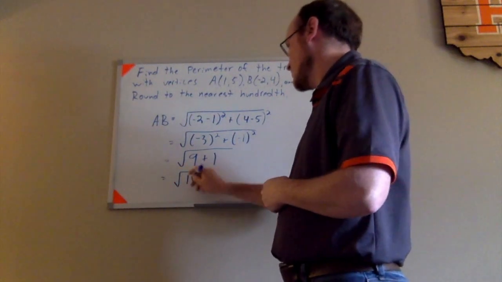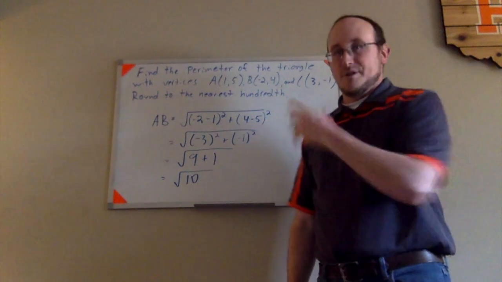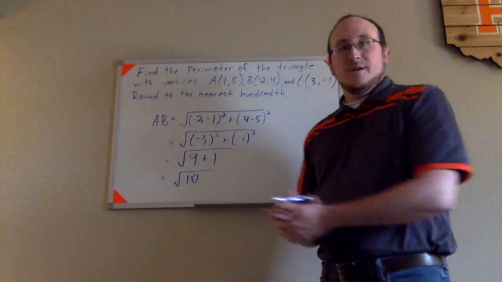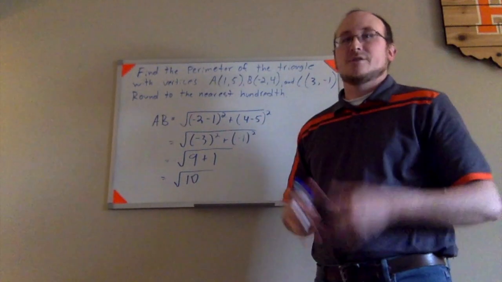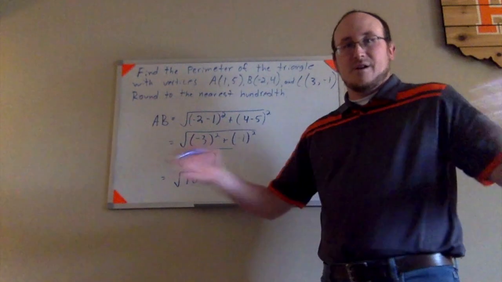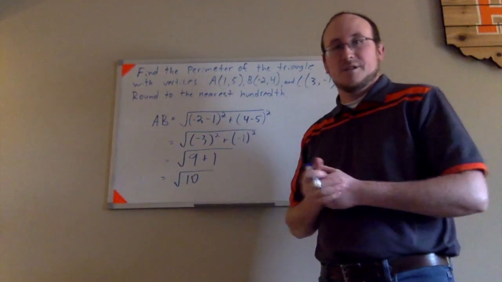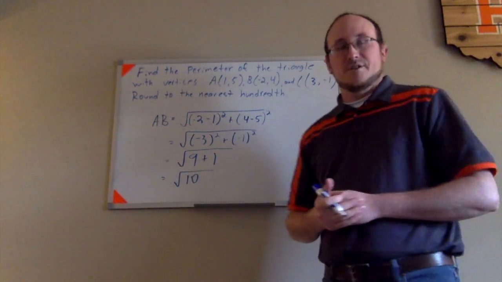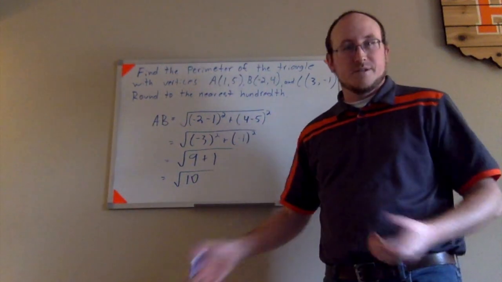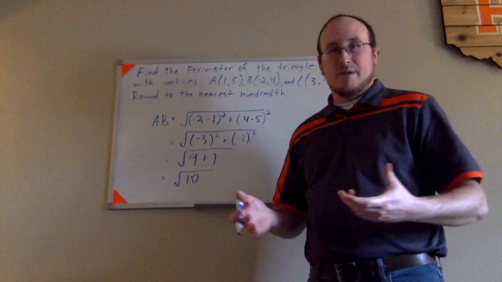And that becomes the square root of 10, which does not simplify as a radical. It is an irrational number. Now, I don't want to take the square root of 10 and give a rounded answer at this point. You could, but you'd have to carry it out a few more decimal places if you didn't want to cause any rounding error. I'm just going to leave it as the square root of 10. When I get to the very end, I'll add the square root of 10 plus whatever the other ones end up being in my calculator, and then I'll round that answer.